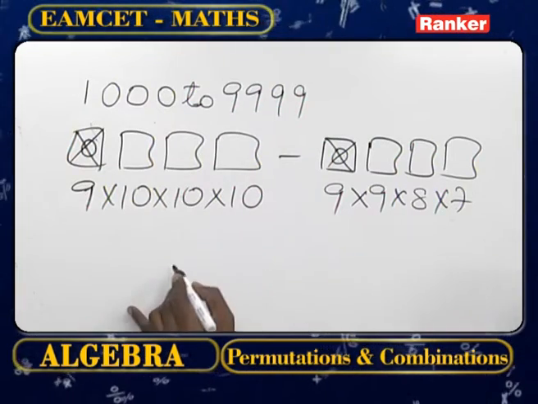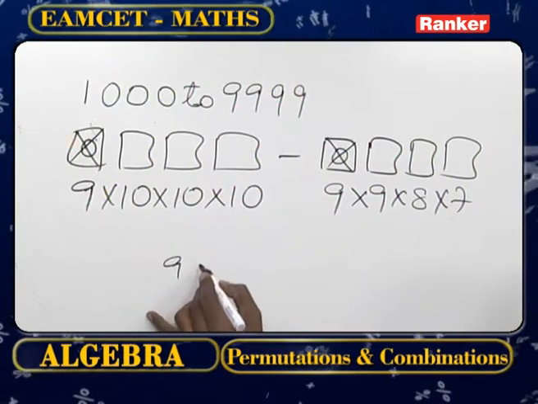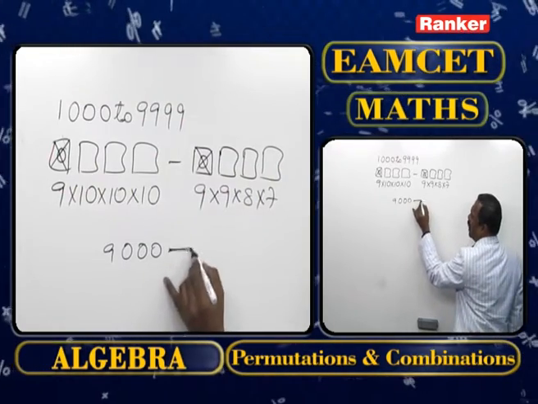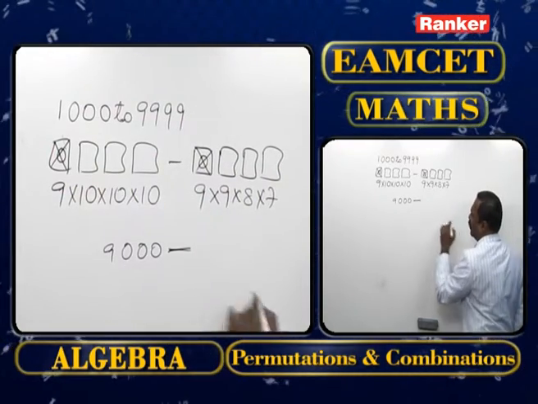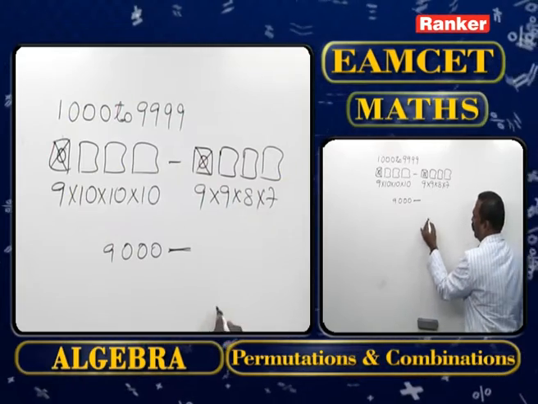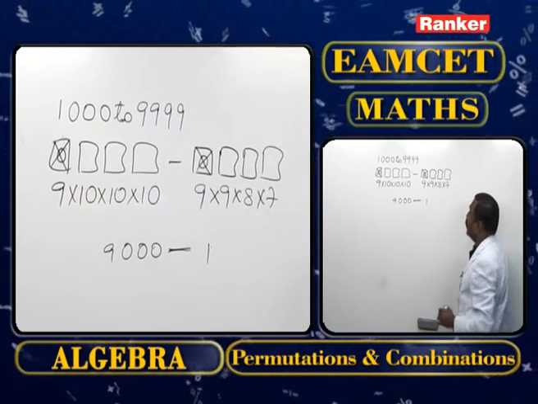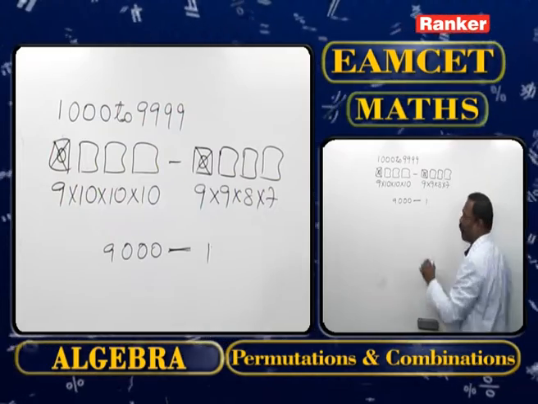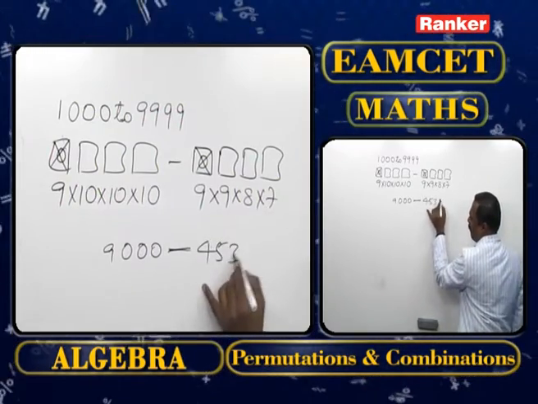So how much is it? It is 9000 minus 9 into 9, 81, 81 into 8 into 7, 56, which is nothing but 4536.